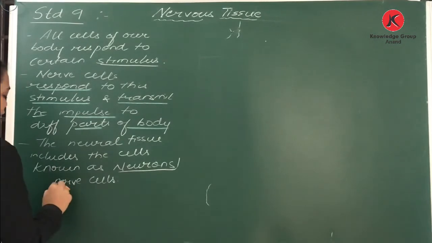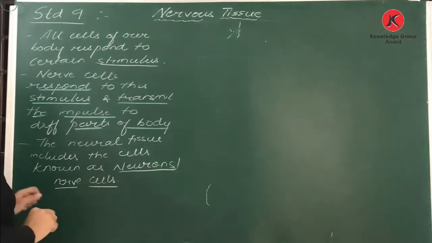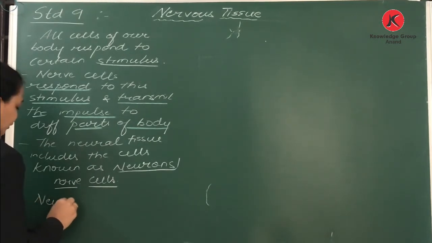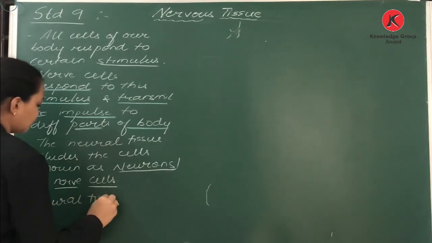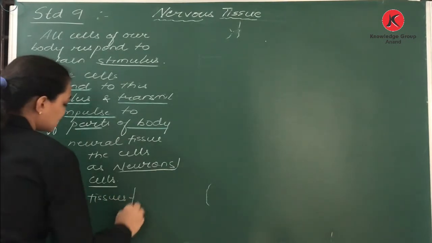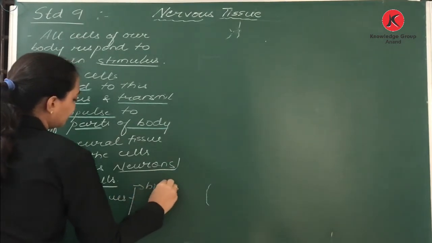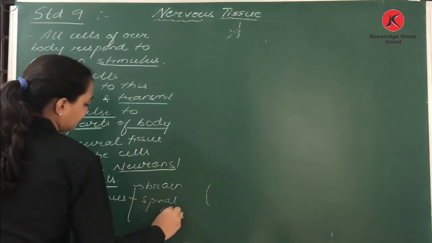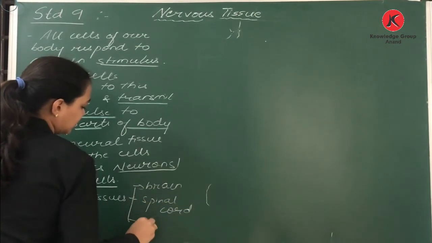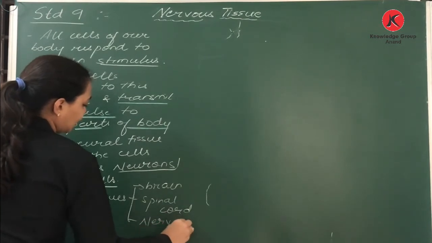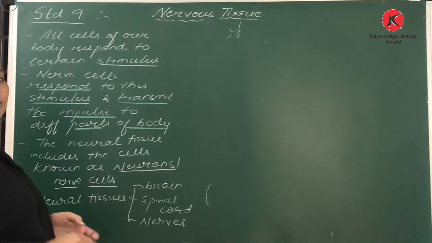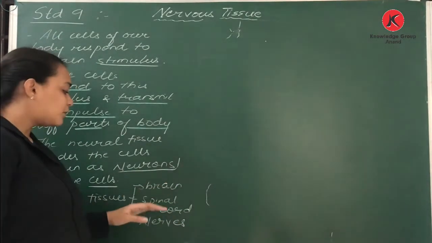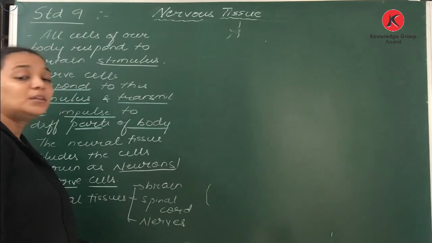Other than that, neural tissue includes brain, spinal cord and nerves. जब हम न्यूरल टिश्यू की बात करते हैं तो तीन चीजें इंक्लूड होती हैं. ब्रेन होता है उसमें इंक्लूड, स्पाइनल कॉर्ड होता है और नर्व्स होते हैं.